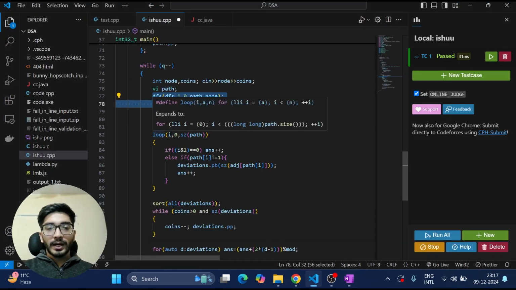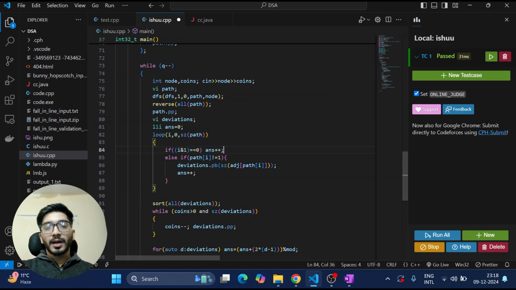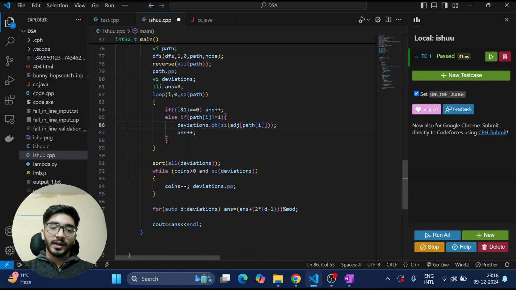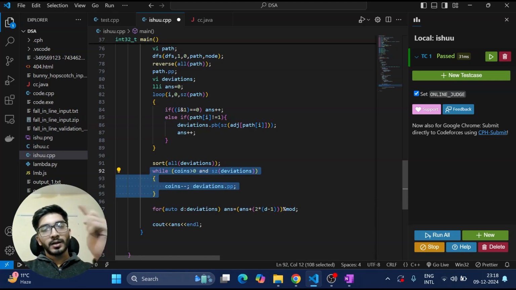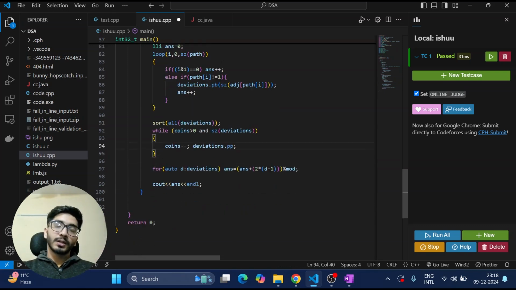So we are iterating on our path array, and for odd step we are just incrementing our answer, and for even step we are incrementing our answer as well and putting it into the deviations array. We'll just sort our deviations array, and we'll remove the maximum deviations from this, and the number of times we have these points. So we can remove the maximum deviations that are possible and just go toward our original path, or the optimal path we can choose from.